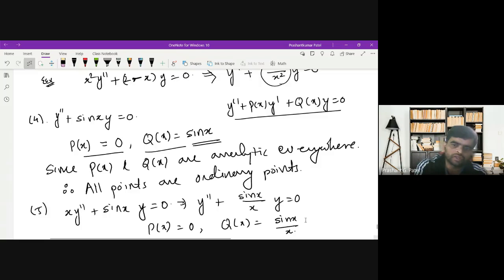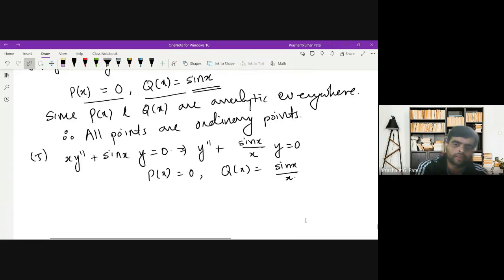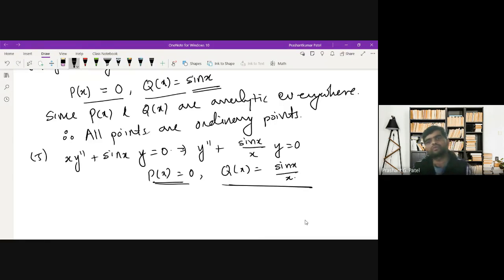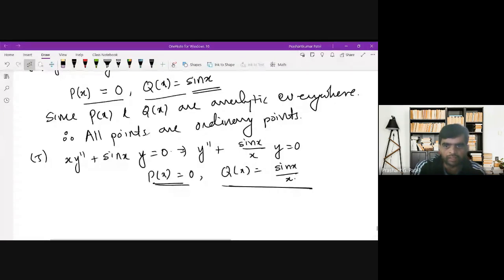So here there is no problem with this p of x. Let us see whether q of x equal to sin x upon x is an analytic function or not. Does anybody have an answer for that? What can you say regarding this?